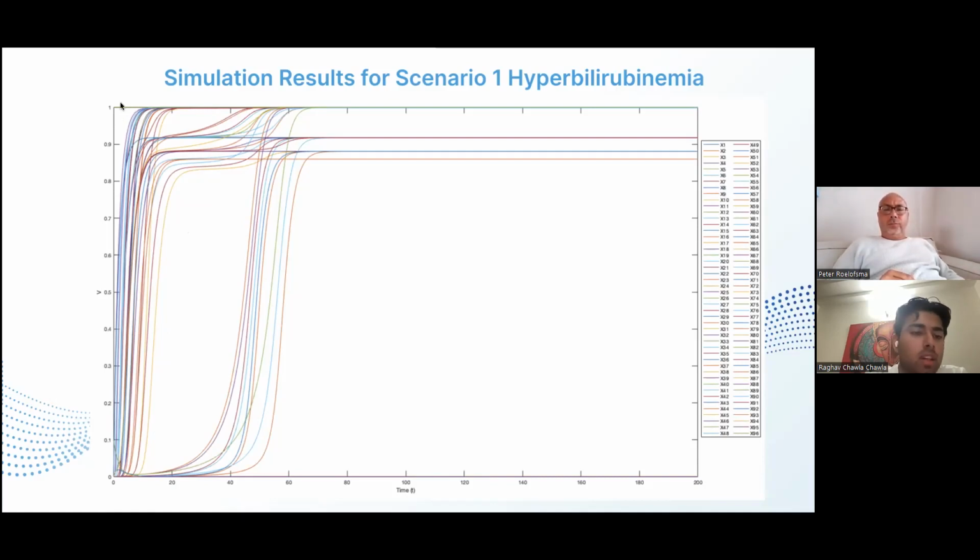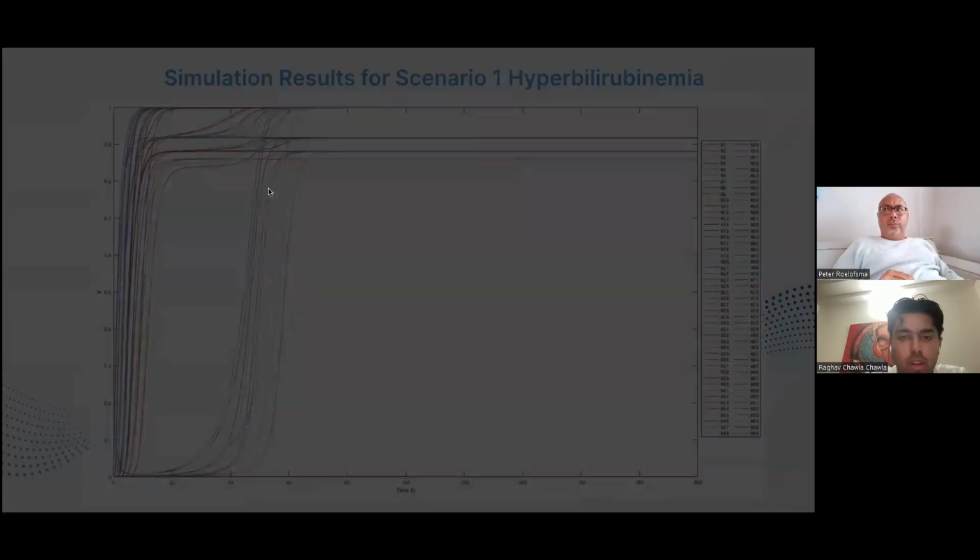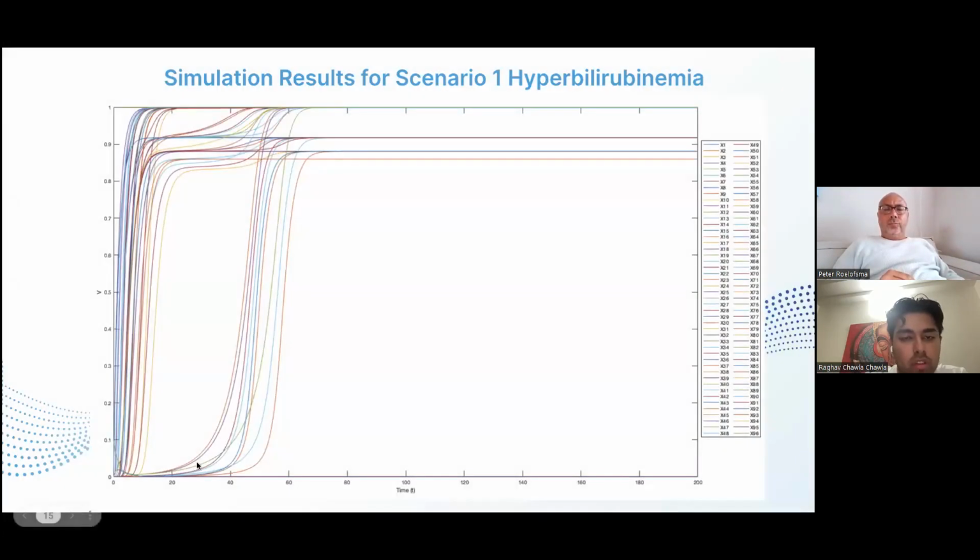Some states, such as the neonate being born, are always modeled at one because the neonate is always born. And then in the progression of the treatment, the other states also follow in succession rapidly.